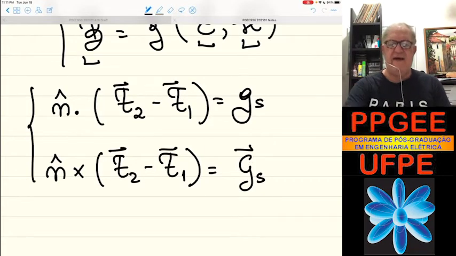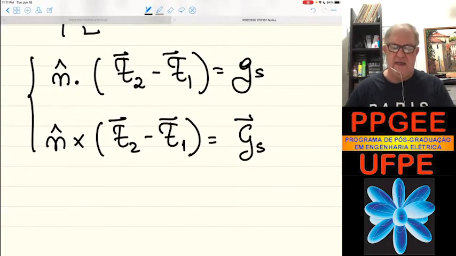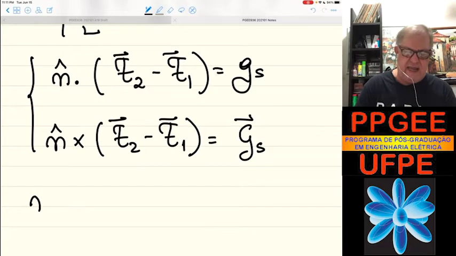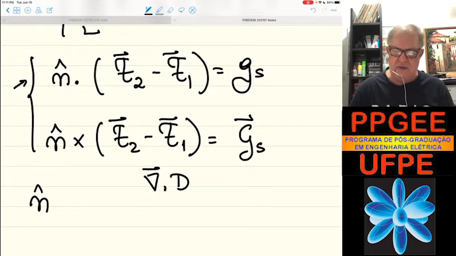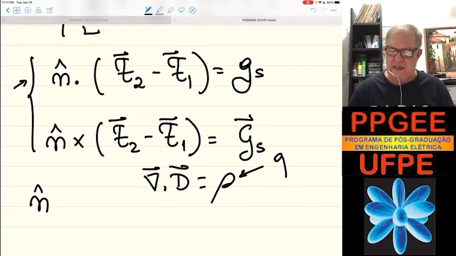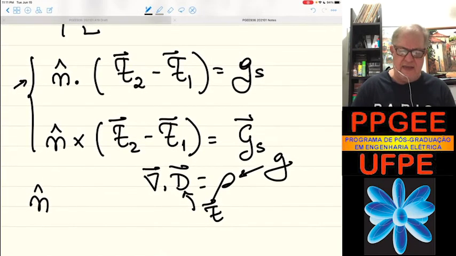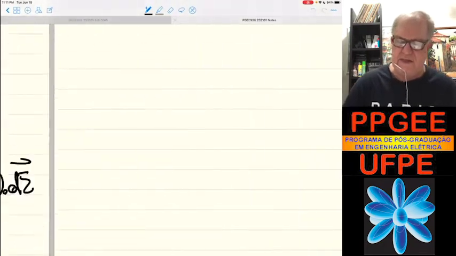So let's now identify the divergences in our Maxwell's equations. One of the equations is for D: divergence of D equals rho. In this example, this is G, and this is F. So what do we get? Let's move to the next page.